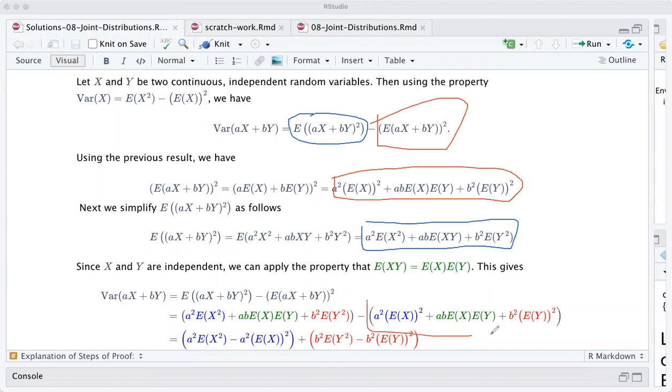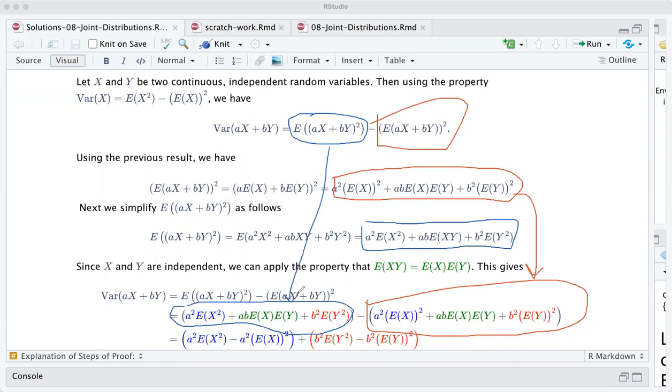Over here is how we simplified the expected value of ax plus by squared, and over here I plug in how we simplified the expected value of ax plus by squared. I've color-coded the different terms in these expressions so that we can group things together. I'm going to clear my drawing.